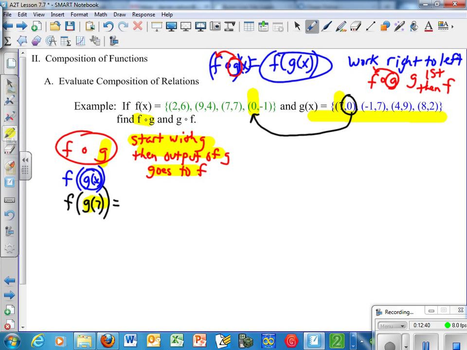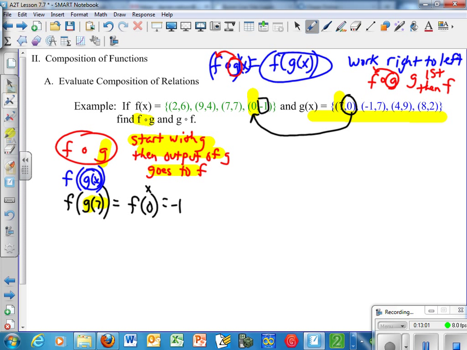That output value from g, 0, is going to be the input value into f. So that really means f of 0. Now that's really the x, and that outputs, as you can see right here, a -1.